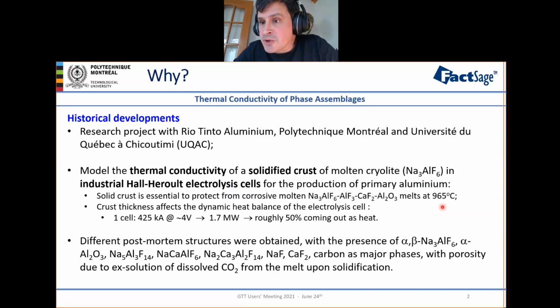Different postmortem structures show that this solid crust is made of several different phases, mostly fluorides, but also some oxides of alumina, corundum, beta alumina, gamma alumina, and some carbon. It sometimes contains quite a lot of porosity due to the presence of CO2 dissolved in the electrolyte.